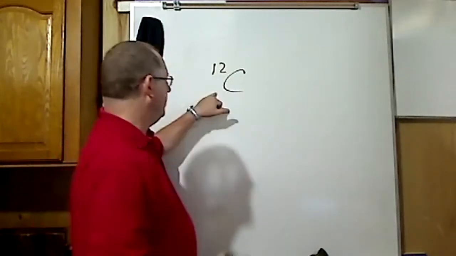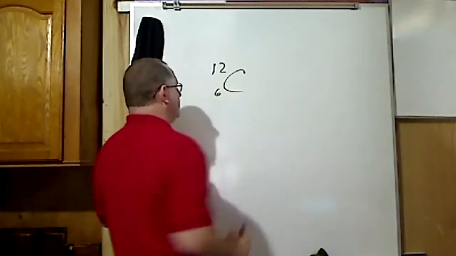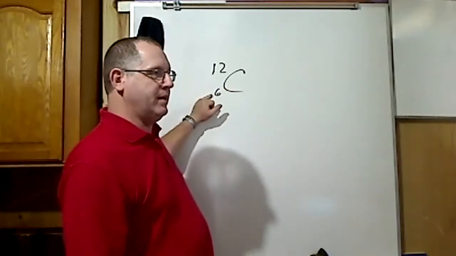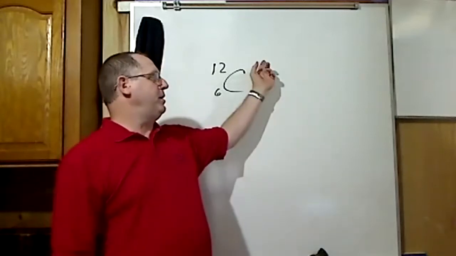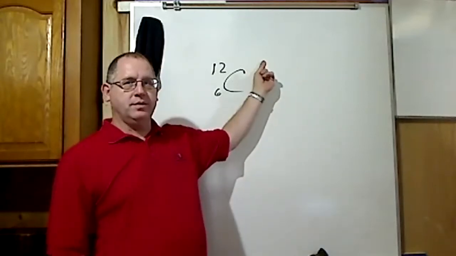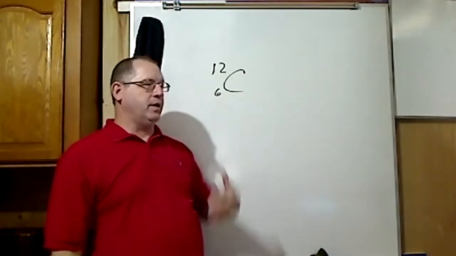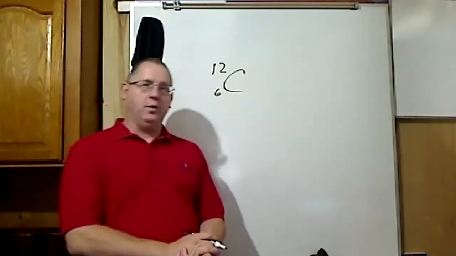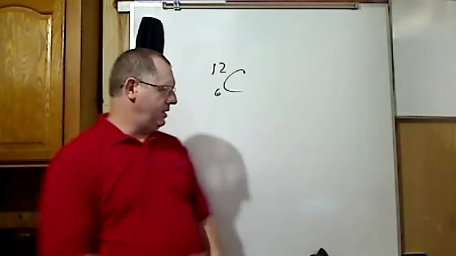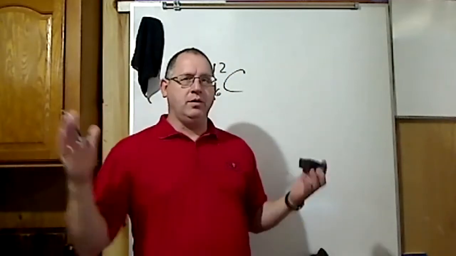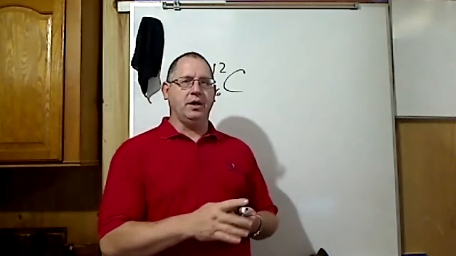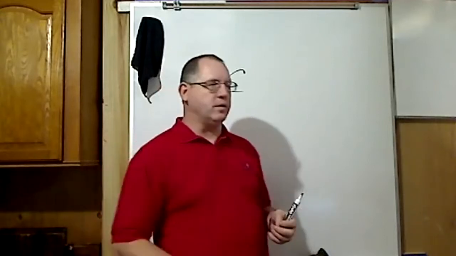So this number that goes down here, 6, is the atomic number. This number that goes up here is the mass number. If we put a number up here, it's the charge. If we put something down here that's like the 2 in H2O, that tells you the number of atoms there. Now this is going to be important because we're going to use the same notation for radiation and for nuclear particles, okay?